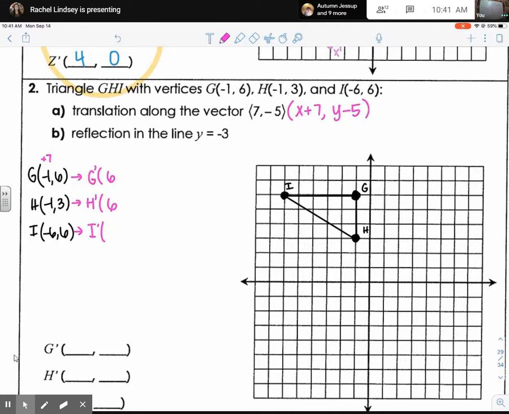And what's -6 plus 7? 1. So I did all my x values. Then I'm going to do my y values. I'm going to subtract 5 from all of them. What's 6 minus 5? 1. 3 minus 5, -2. And then 6 minus 5 will give you 1 again.